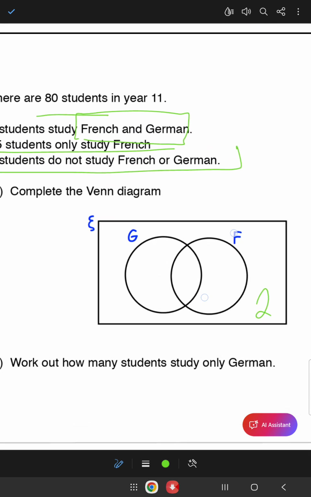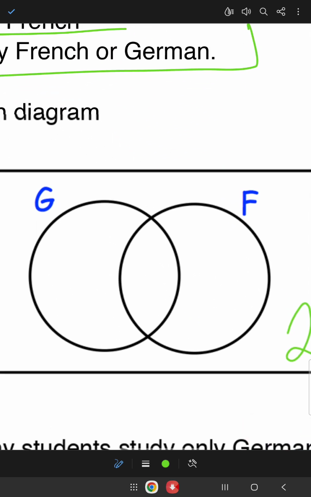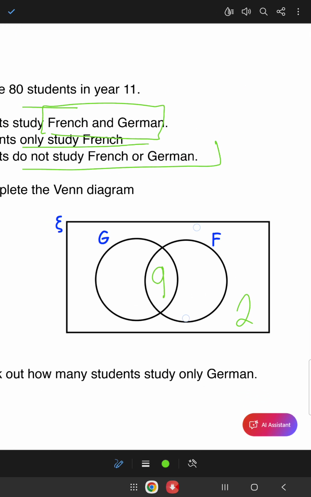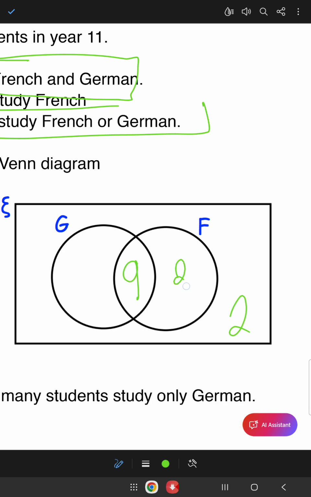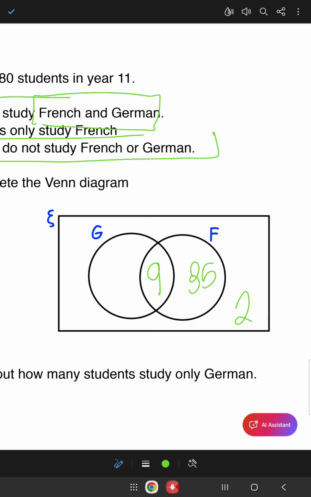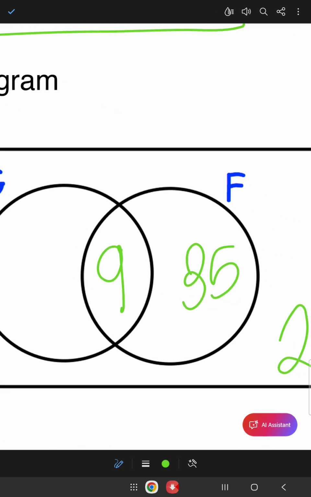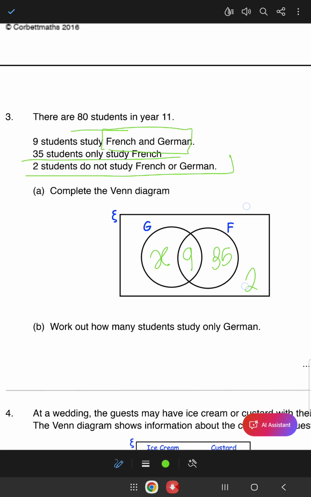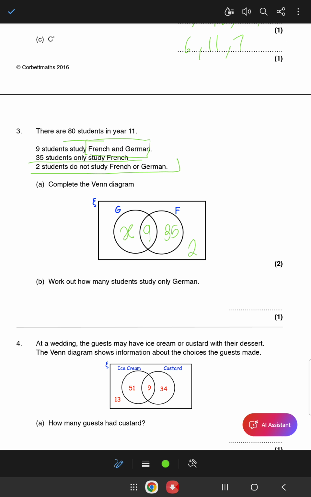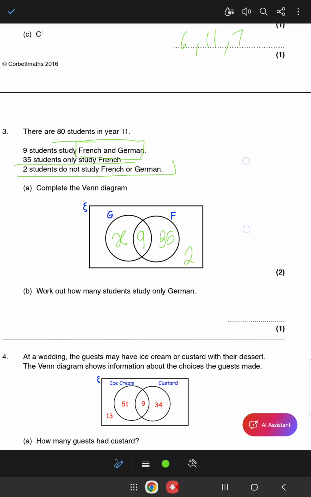9 students study German and French. So we can put 9 here. And 35 only study French. So now this is X. We have to find X out. So we know that the total number of students is 80.